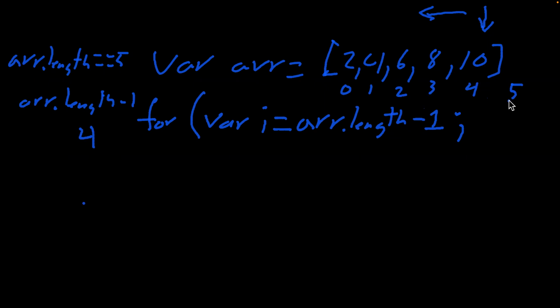Okay, so there's the length and then the index position. The index position is 1 less than the length. And so we are going to start at r dot length minus 1, which is here at 4. And while we start there, then what's our next checker here? I'm just going to write it in the line below.